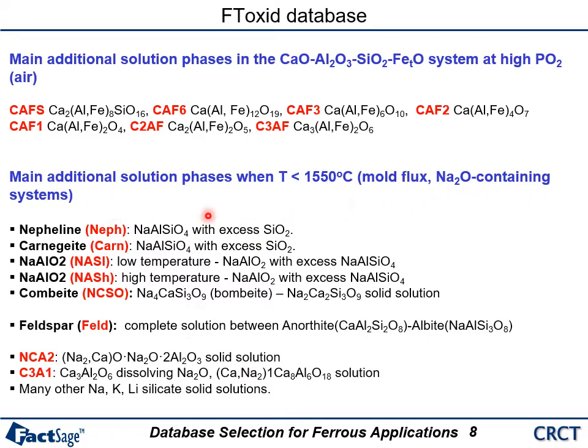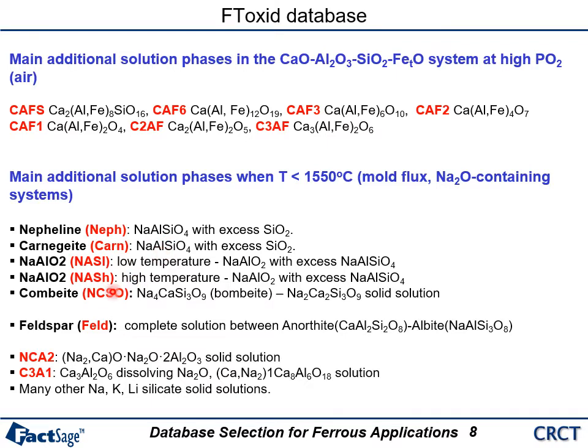And this kind of phase is typically formed with the addition of sodium oxide, so this is important for mold flux. We have the so-called nepheline solid solution, NaAlSiO4 solid solution, and NaAlSiO4 actually has two kinds of phase. One is nepheline, the other is carnegieite, and both of these are important.